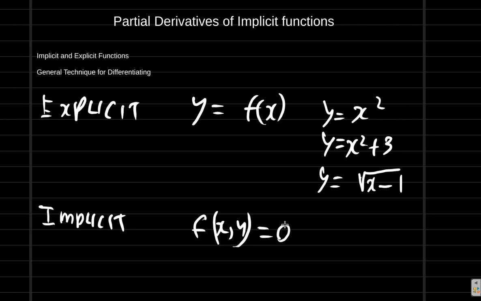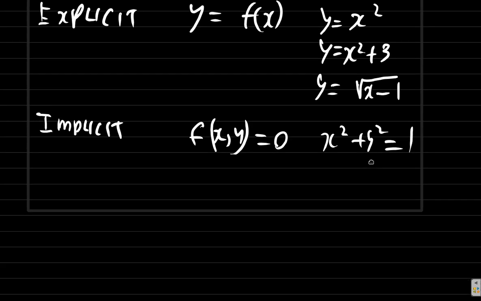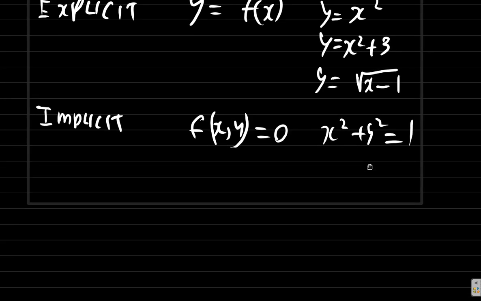It's harder to solve, right? You might have examples. x squared plus y squared equals 1. You have the x and y mixed up together. This you can transpose to make y the subject, so you turn it into an explicit function, right?